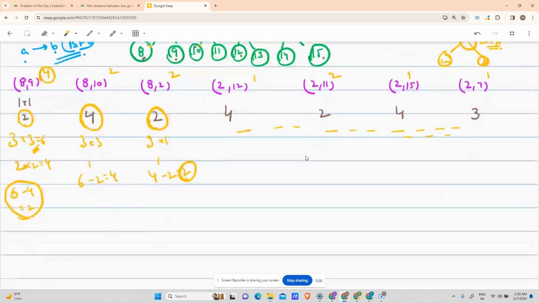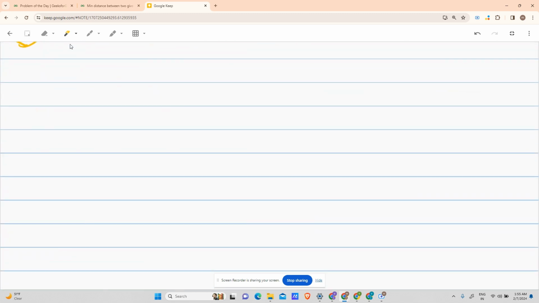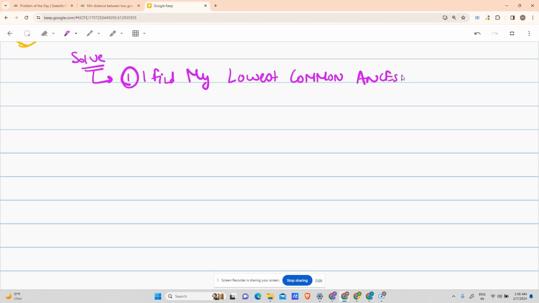All right. So the basic thing I have come across is I can solve this problem if, first step, I find my lowest common ancestor, which is known as LCA in short form.